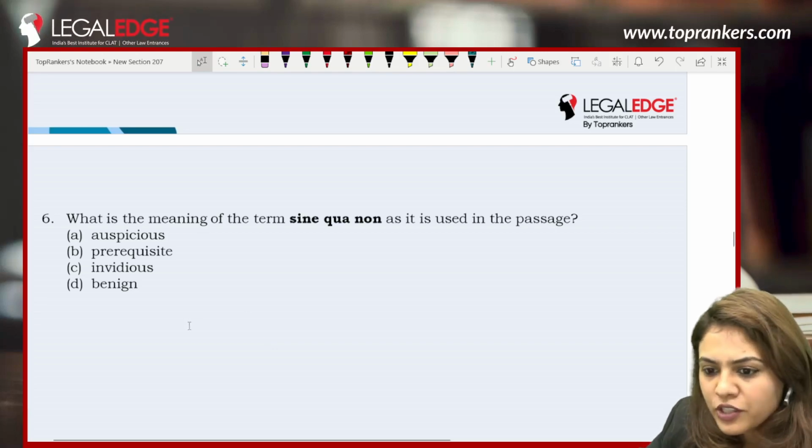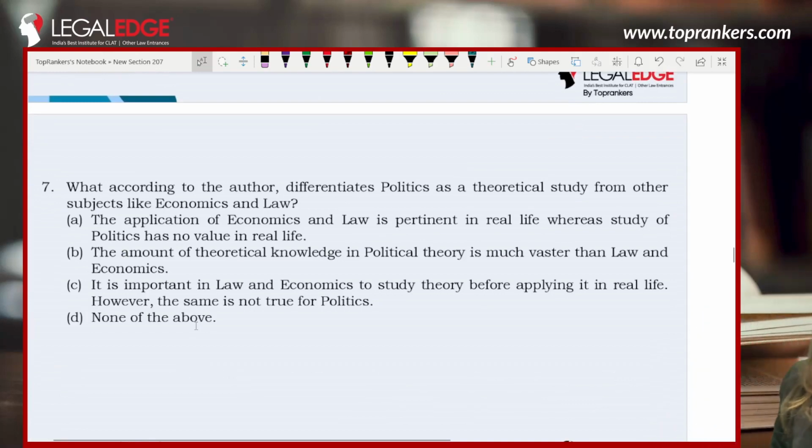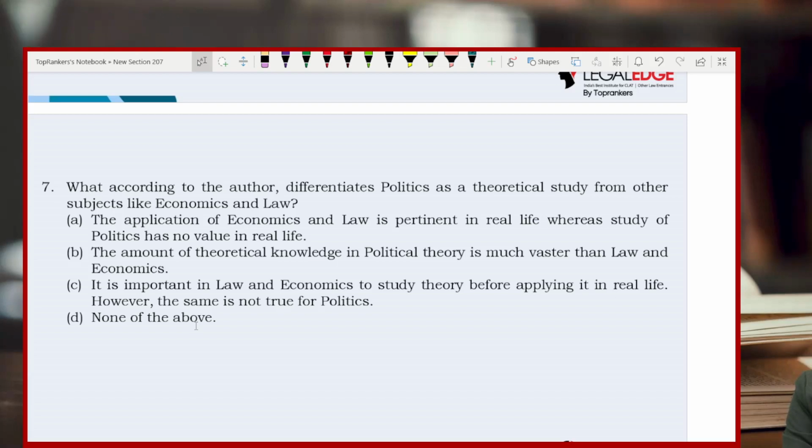Moving to the next question. Meaning of the word pertinent is relevant.